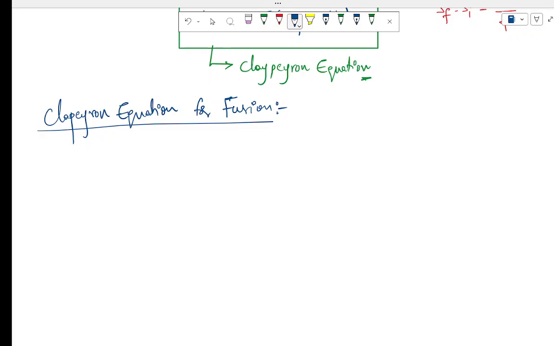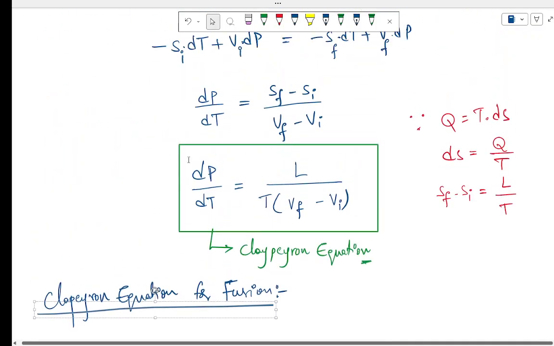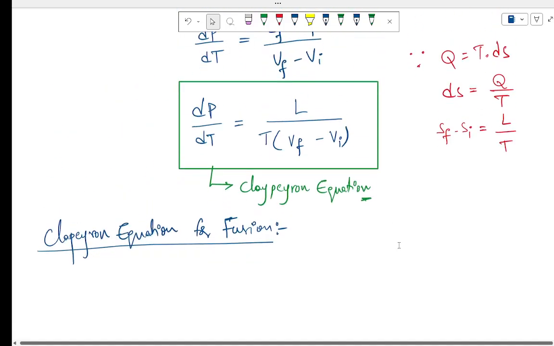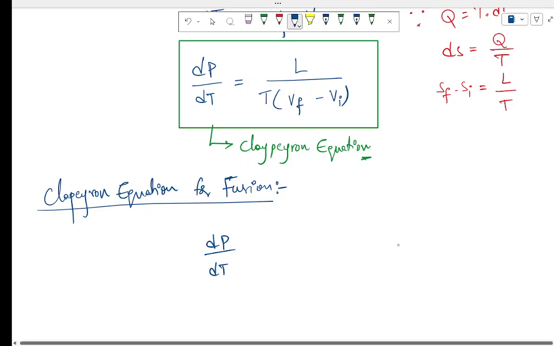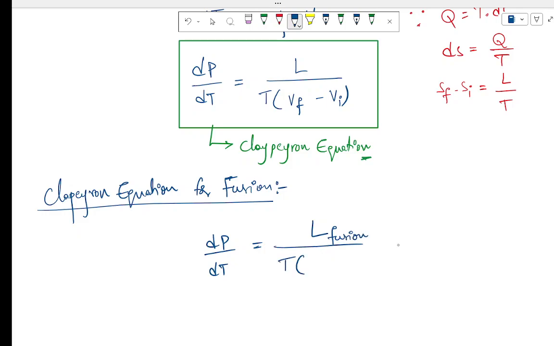So here in this expression we can see that now dP by dT in this case will be latent heat of fusion by the temperature into, in place of Vf I should write the liquid here, and in place of Vi I will have solid here, because I am now interested in the fusion.